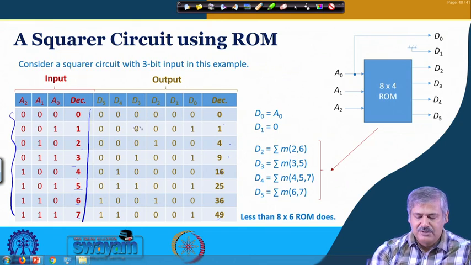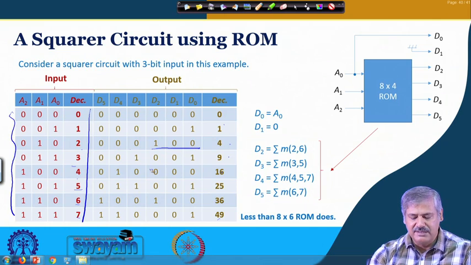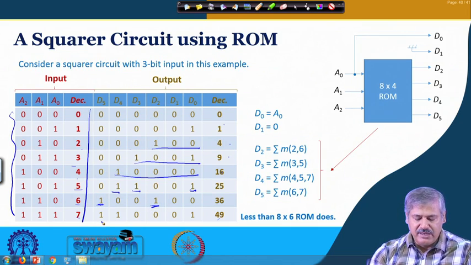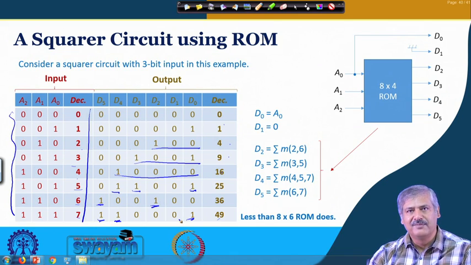So, 0 is all 0, 1 is 000001, 4 is 000100, 9 is 001001, 16 is 010000, 25 is 16, 8 and 1, okay, 36 is 32 and 4, these two you can see, and 49 is 32, 16 and 1, okay.